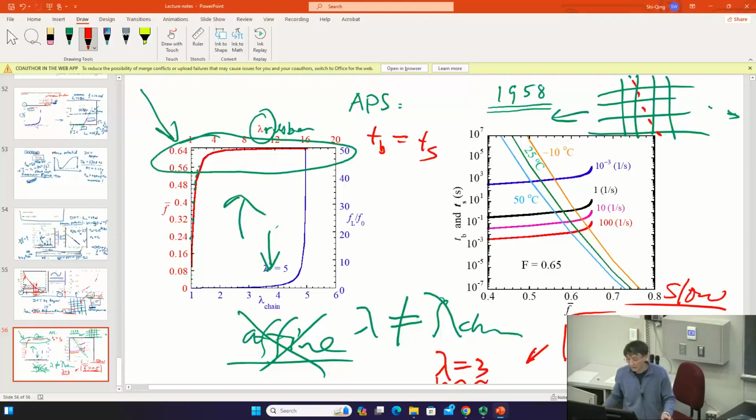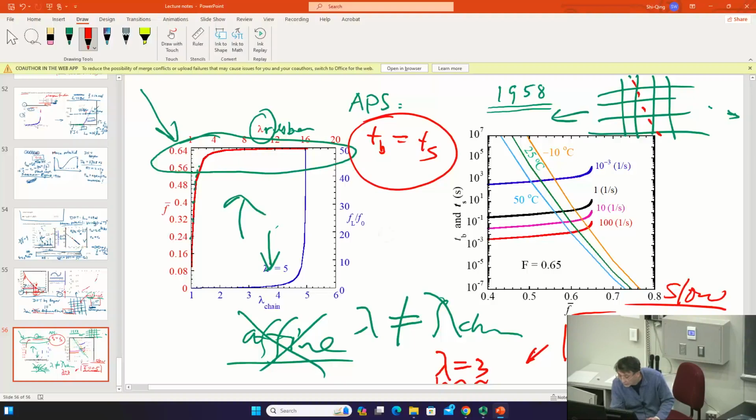Okay, so yes, you have more chance to stretch more if you're doing fast. Ultimately, to the leading order, it's the lifetime coming to match your experimental time.